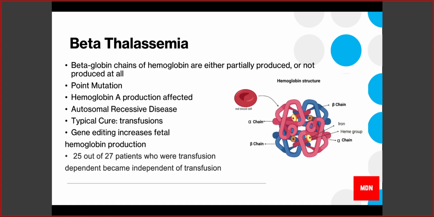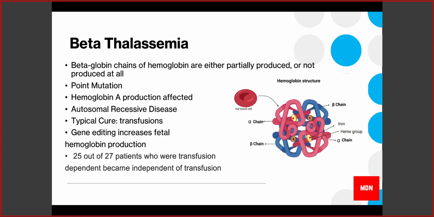Intermedia is when you have 2 mutated genes, but that's for reduced production, not completely banning the production. Whereas you'd get beta thalassemia major if you inherited 2 mutated genes for the complete absence of production of beta globin chains.